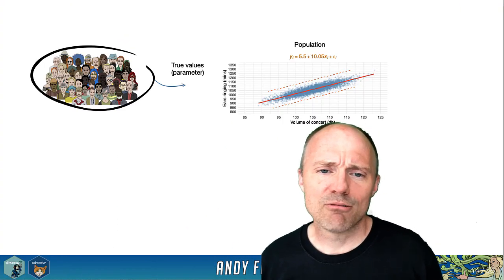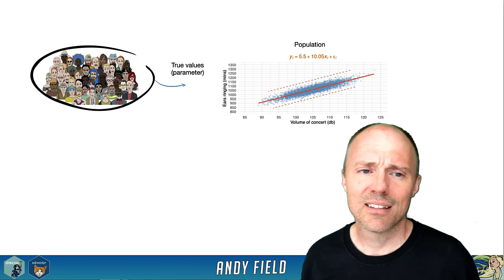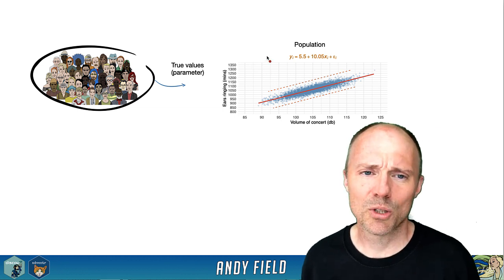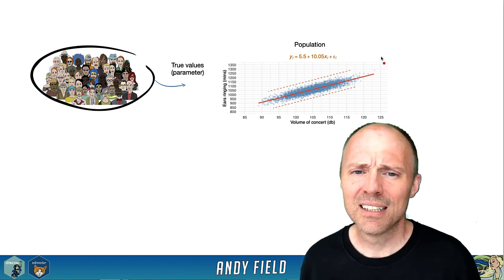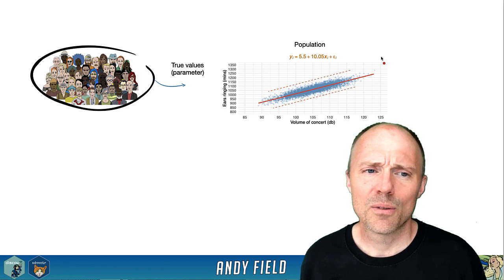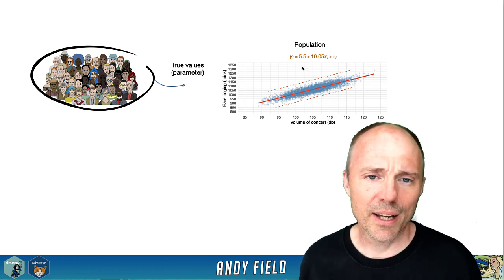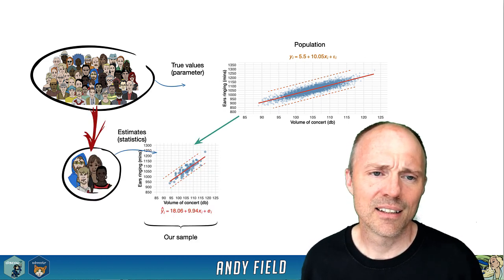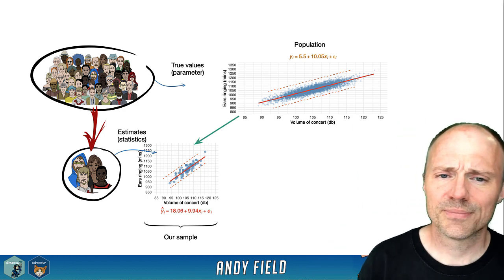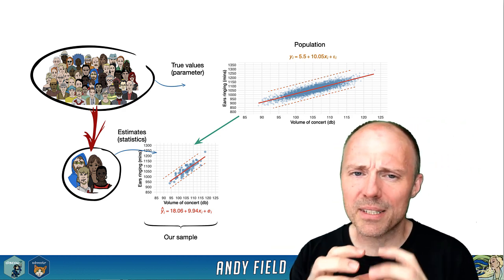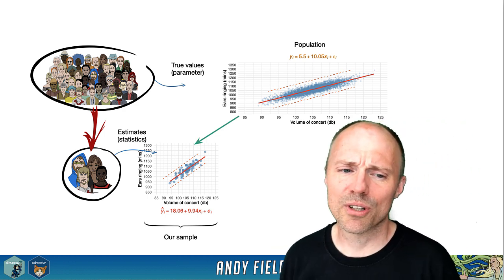So to take our ear-ringing example, if you imagine that this is the population model up here, what we are doing effectively is taking a sample. So we're taking a small subsection of that population and we're fitting the model to it.